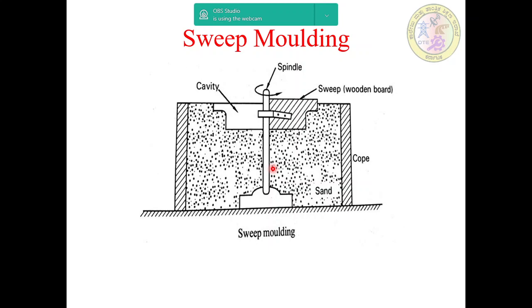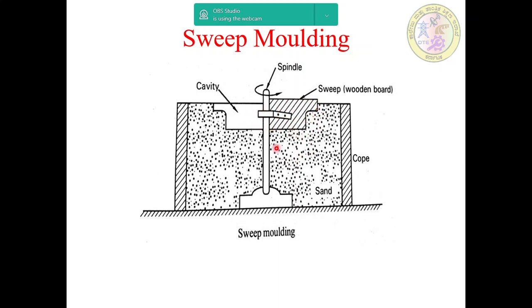Here a thin wooden piece is attached to the spindle. This is the spindle, this is rotatable, and then you have to fill the sand, and this is the contour, this is the wooden board. Whatever size required you can prepare the contour.